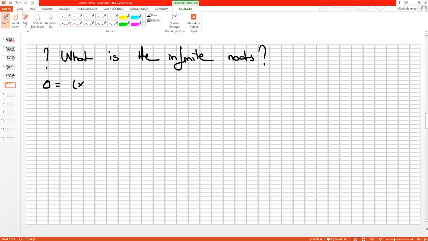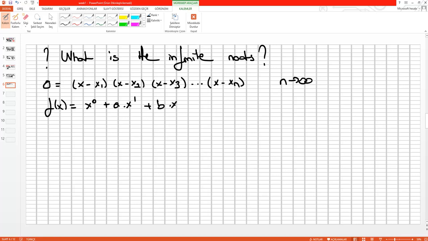It's just kind of the x1, x2, x3, xn, and n goes to infinity, or the infinite roots. f(x) is equal to x0, a x1, b x2, and so on, and z, for example, xn goes on these terms. Okay, and so these roots define a system, but an unknown system.